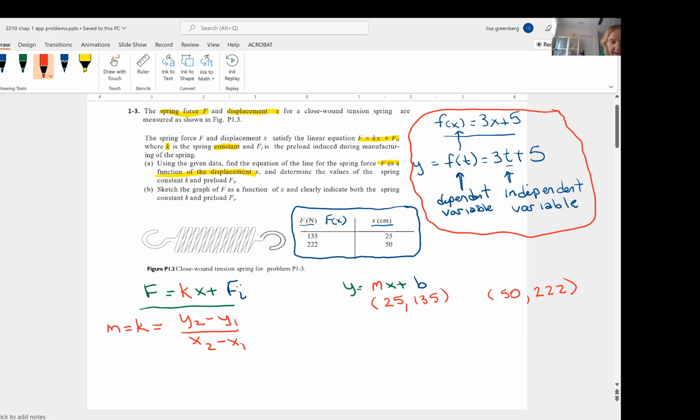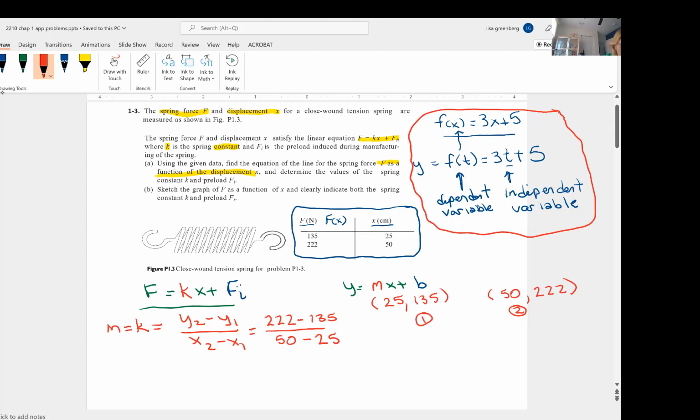And again, it doesn't really matter what you call which; I'll call this point 1 and I'll call this point 2. So what I get is y2 is 222 minus y1, which is 135, divided by x2, which is 50, minus x1, which is 25.